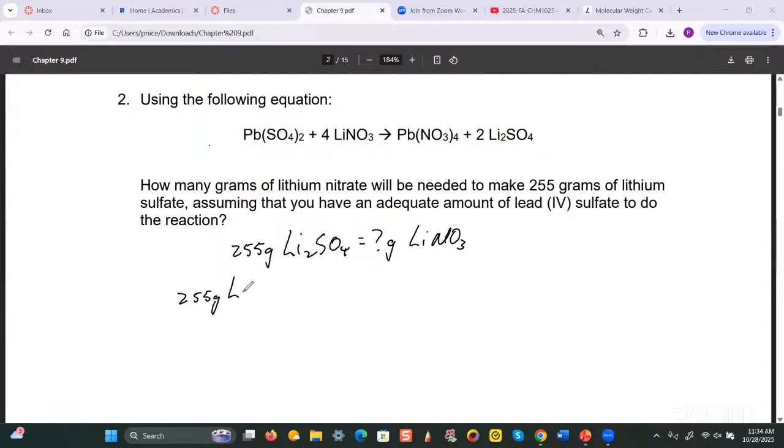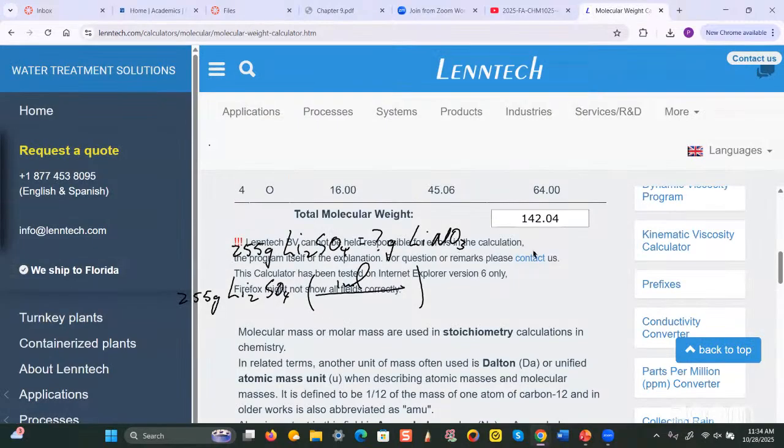All right, so start off with 255 grams of lithium sulfate. Okay, and then we multiply that by 1 mole over the molar mass of lithium sulfate. So let me do the lithium sulfate calculation here.